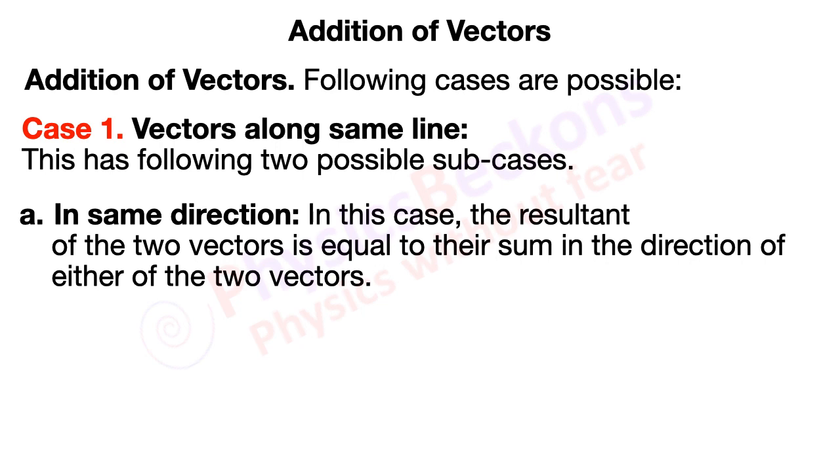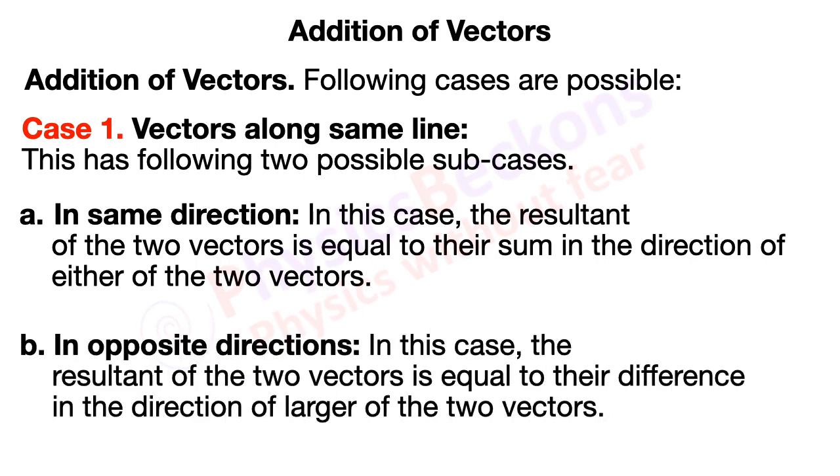In such a case, the resultant of two vectors is equal to their sum in the direction of either of the two vectors. So, vector A is towards east, B is also towards east, then we add them. This we will illustrate with the help of an example.